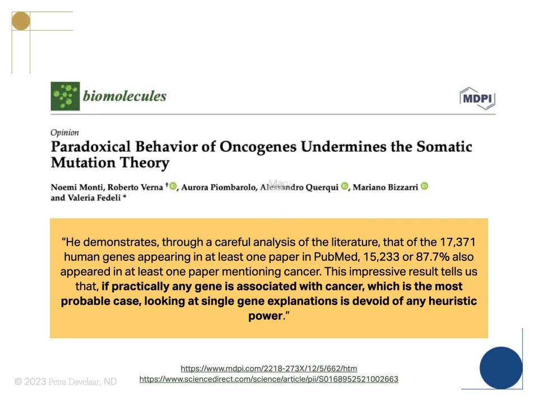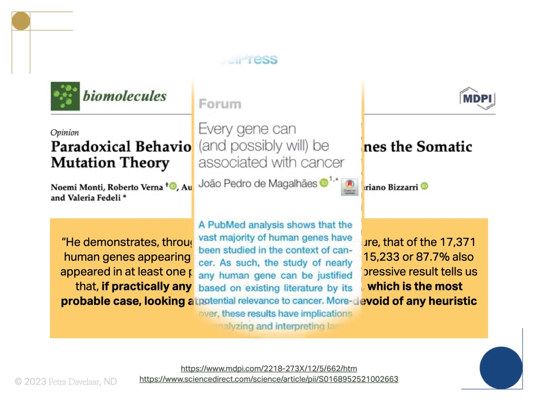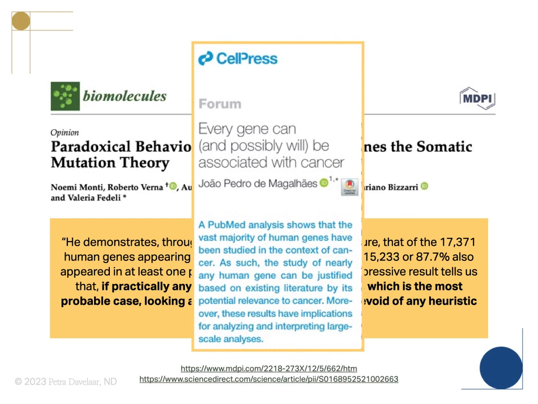A clear example of the debatable relevance of mutation profiles in cancer comes from this systematic review of the Institute of Inflammation and Aging out of the University of Birmingham.